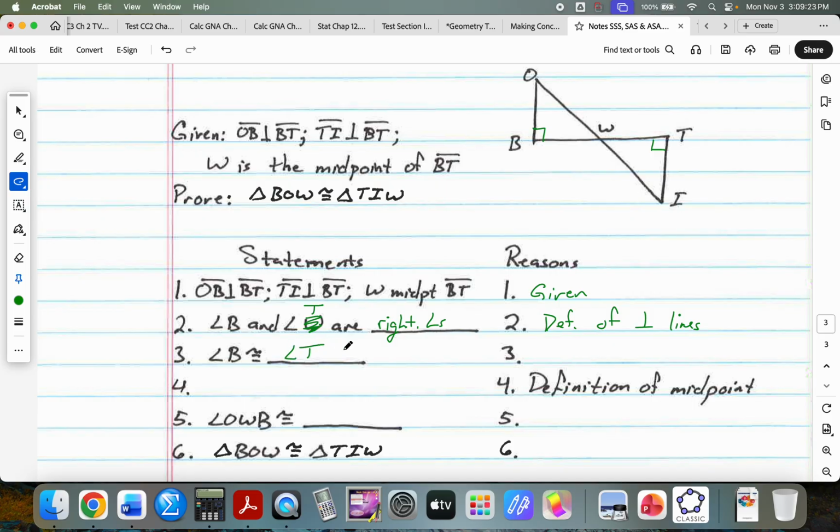Angle T. Why? Because what? Oh, no, it has nothing to do with the midpoint. Yes, the one we went over a little while ago. All right angles are congruent. So I know these two angles are congruent. Great, that's one. I need three.